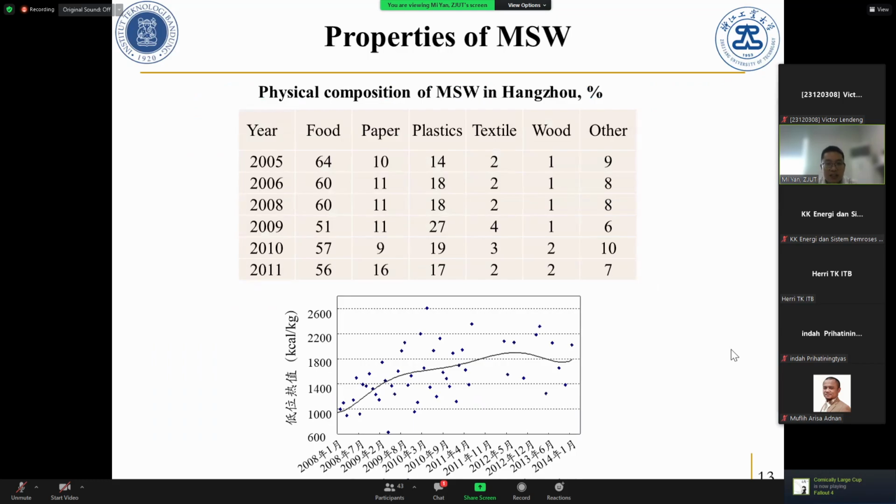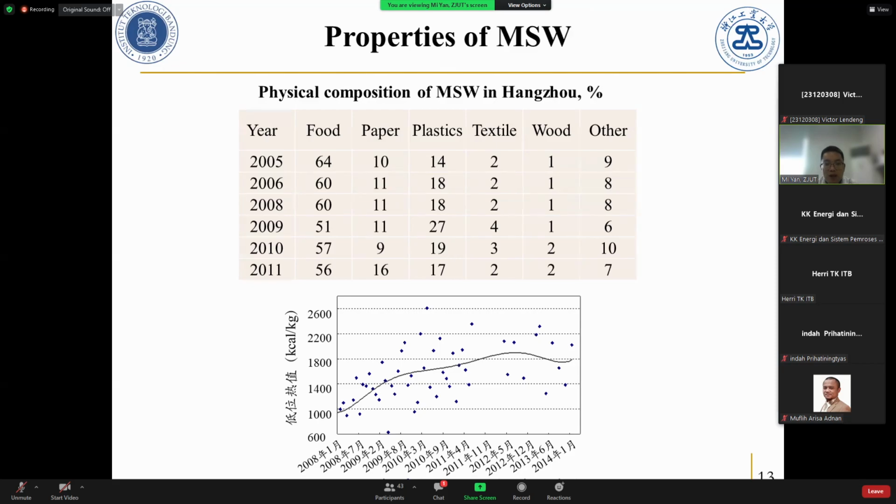And another point is not only different countries having different composition, but also different years having different compositions. So this is Hangzhou. You see, from 2005 to 2011, the food waste changed, slightly reduced, right? And the paper and plastic increased.